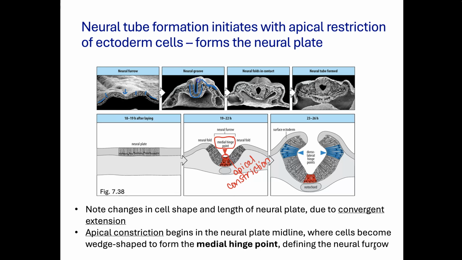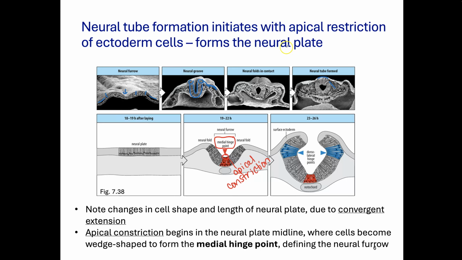And the neural crest is going to be this little bit here and this little bit here. And then the folds actually come in contact with each other, and then you can see the formation of the tube. It's not very clear at all, but you can probably see the connection between the epidermal layers, and then neural crest is going to be in between here, but it's not very easy to see.